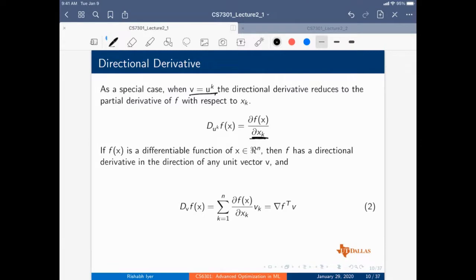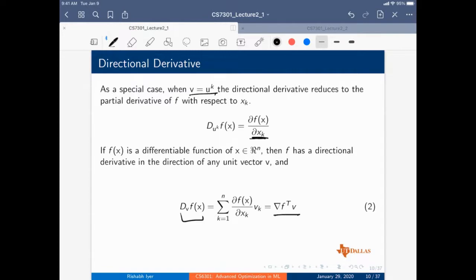So it turns out that using the gradient, we can give this nice compact form of the directional derivative. The directional derivative Dv of f of x is the sum over k from 1 to n of the partial derivative of f(x) multiplied by vk, in each axis. This is nothing but the dot product of the gradient vector with the v vector.